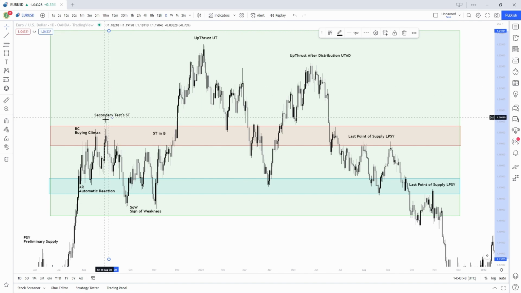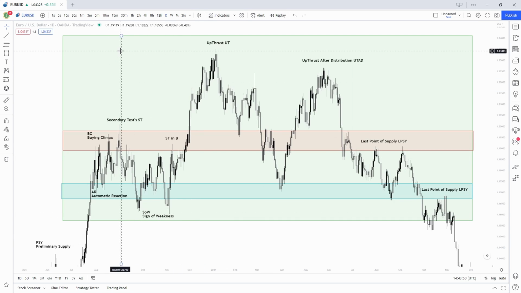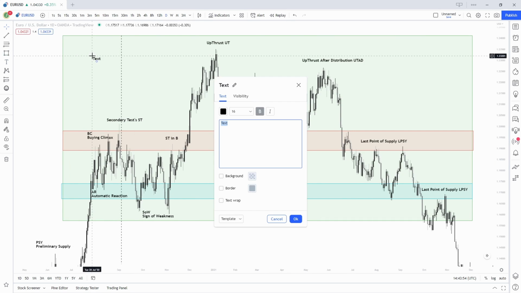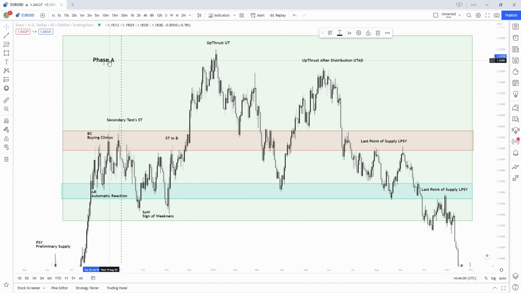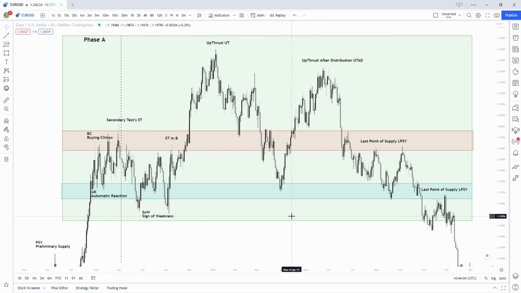Everything to the left of that is representing phase A. And we know that phase A, similar to how it was within an accumulation, simply has the purpose of absorbing the previous demand that was already very dominant in the market, helping us to absorb that uptrend and get ready to tilt the supply and demand balance back into supply's favor to start the new downtrend.